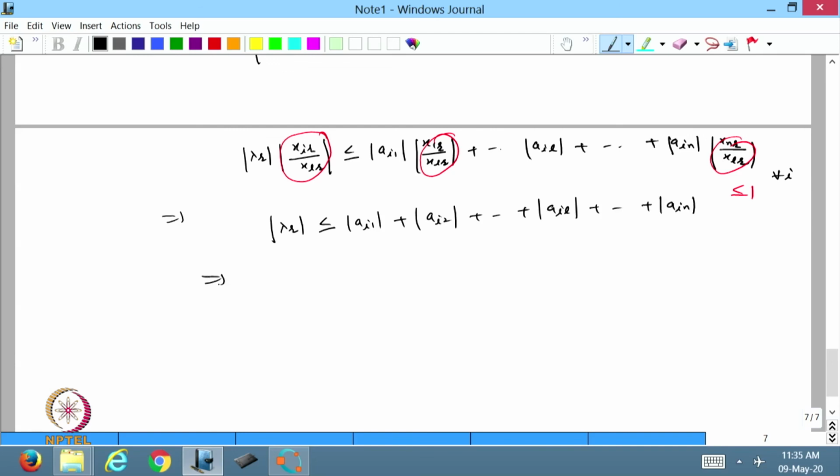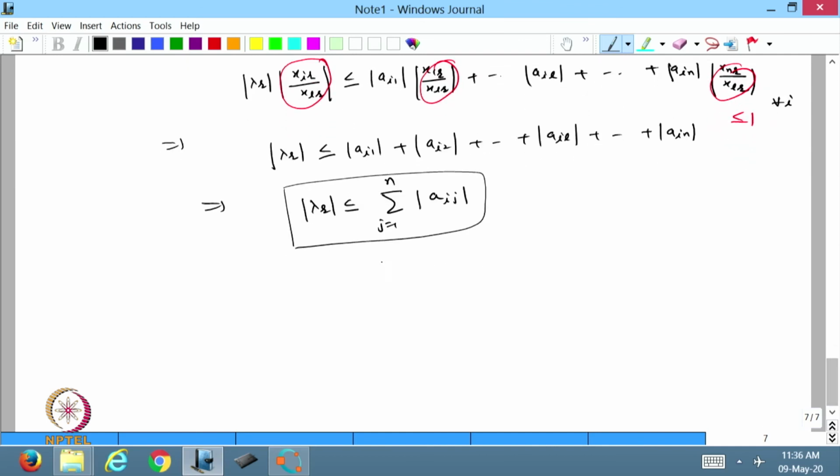So, from here I can add that this lambda r is less than or equal to the summation of modulus a_Ij, so this is changing, I can take it as j, and j is moving from 1 to n. So, this is what we are taking from here.